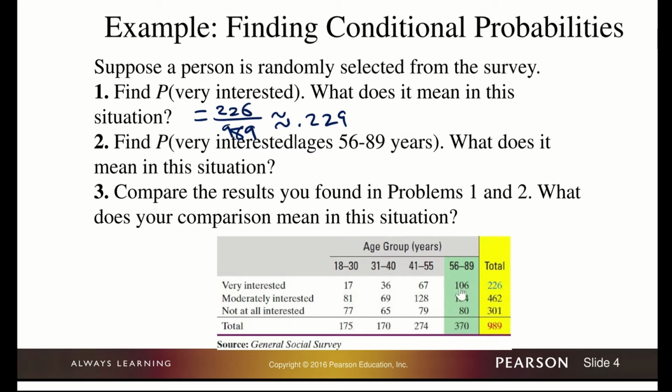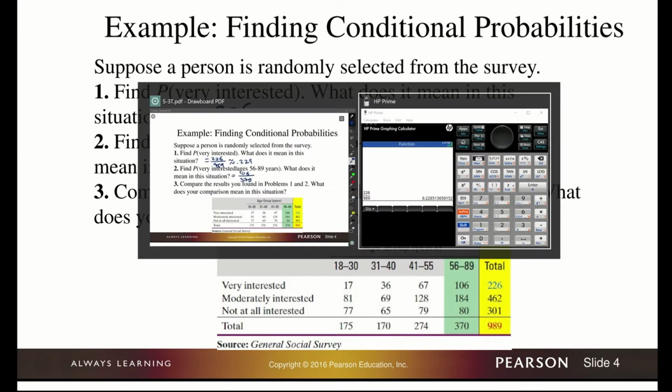So now we're only going to look at this column, and we're going to see 106 very interested out of 370. We'll go ahead and calculate that again on our calculator.